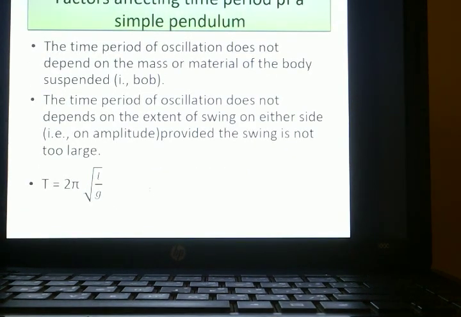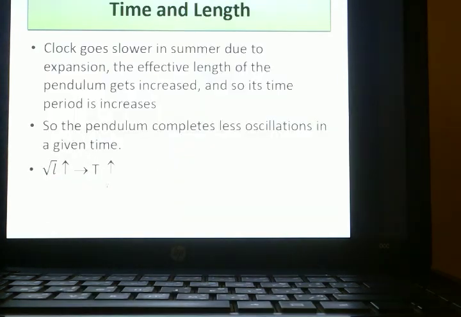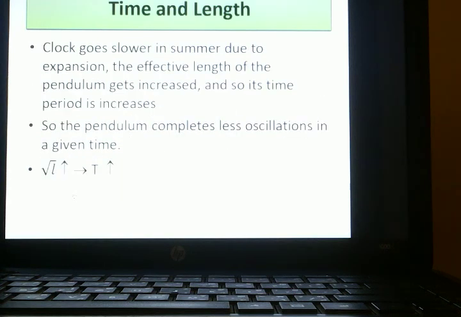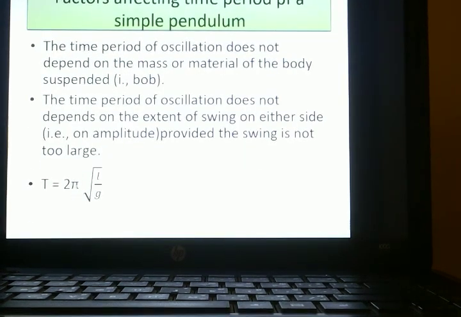Next, factors affecting the time period of the simple pendulum. This is the generalized formula: T equals 2 pi root L upon g, where pi is 3.14. We have already seen that L has a direct relation and g has an inverse relation. If we combine these two, T is proportional to root L by g, and if we remove the proportionality sign we get 2 pi, which is a constant.